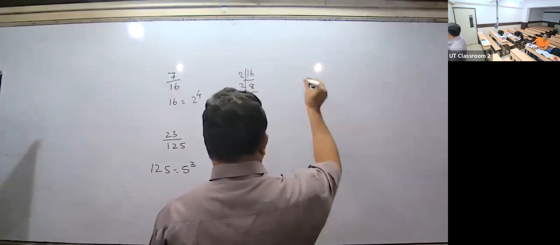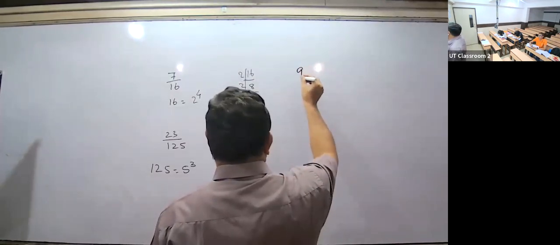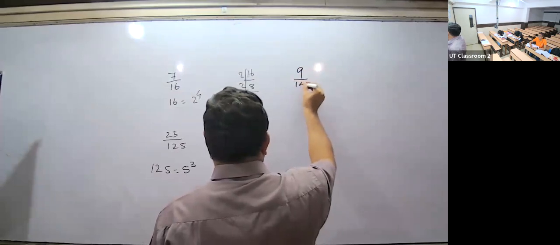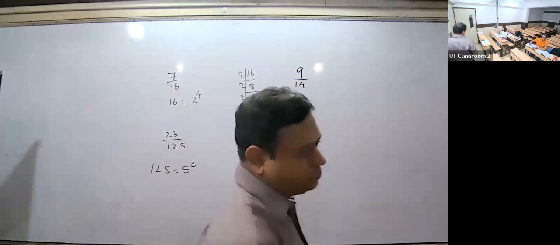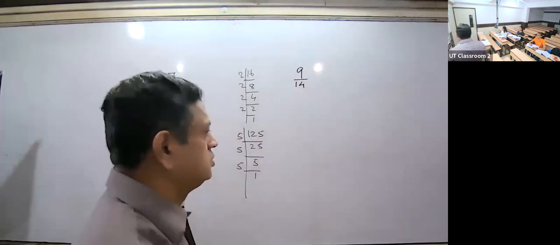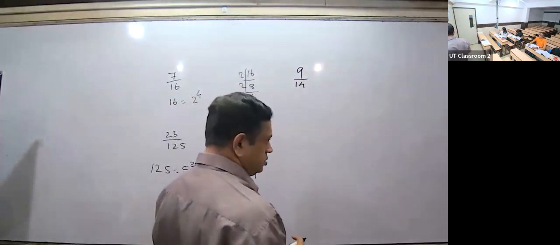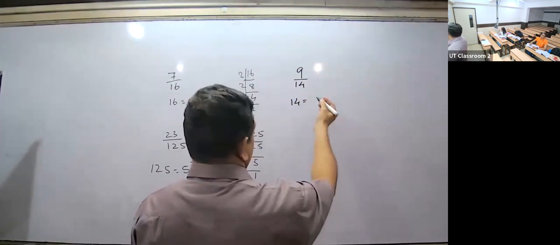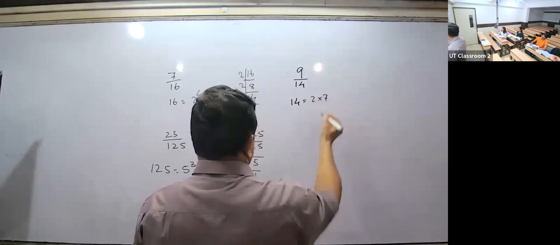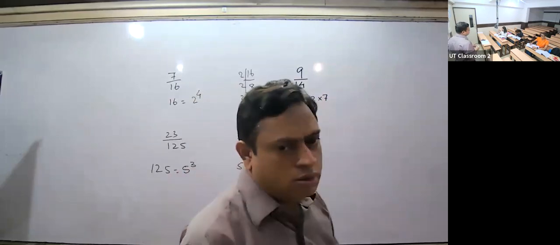Yes, sir. Done. Okay. Third one, 9 upon 14. No cancellation. 14 you can directly write as 2 times 7, no need to show this step. It is non-terminating.